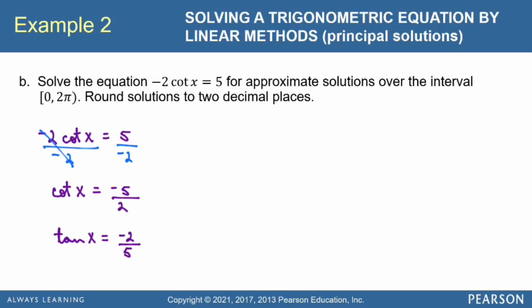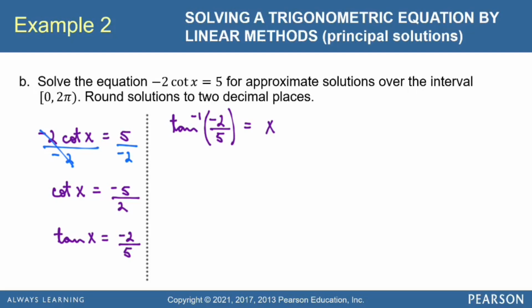And now let's restate this in inverse form. So if the tangent of x is -2/5, that means the tangent inverse of -2/5 is x. And we are about to get the calculator to evaluate this for us, but we have to make a choice at this point because remember, we've got to state the solutions in radians, but it's much easier to visualize and think in degrees.